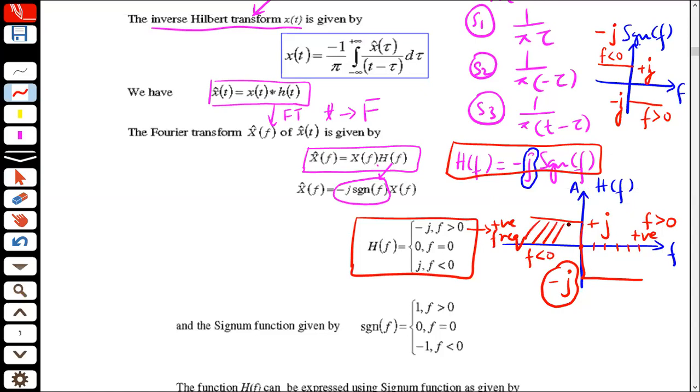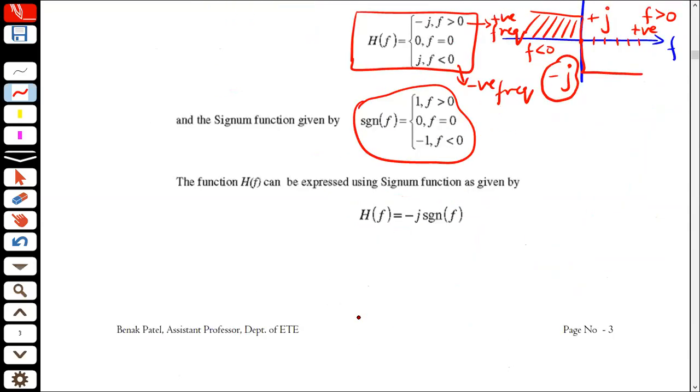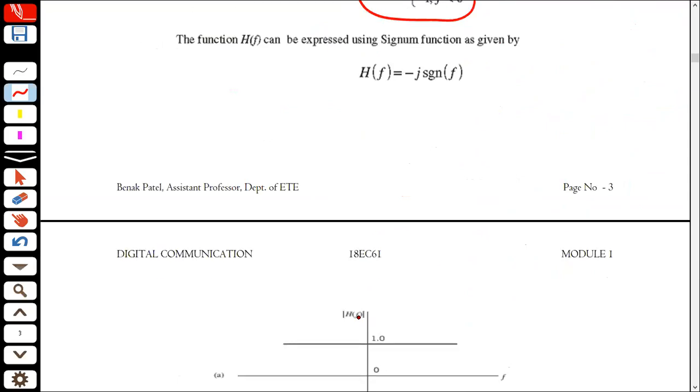The amplitude value is positive j. The same thing we have written in terms of equation. So we started off with this signum function itself. H of f is as good as negative j signum of f.